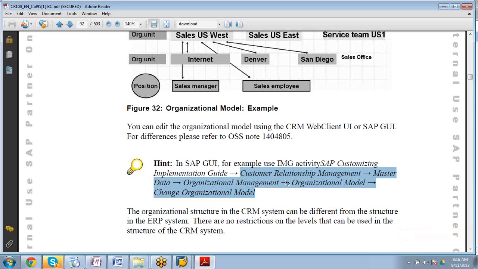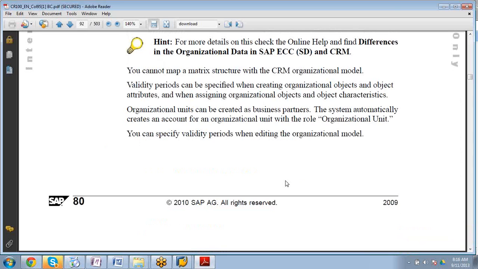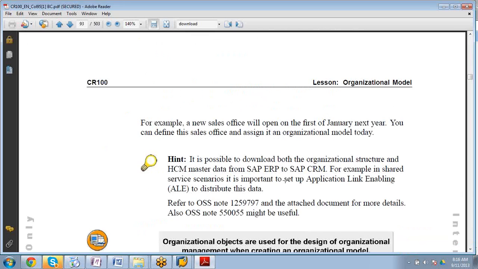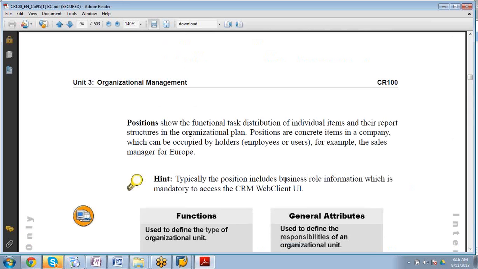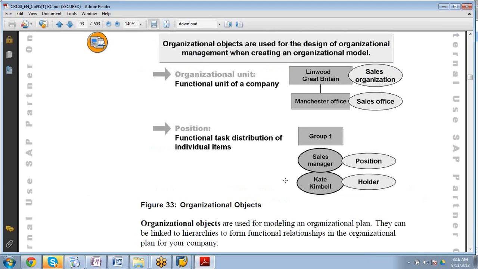Right? Then write the T codes we use. Create organization model: PPOCA_CRM.